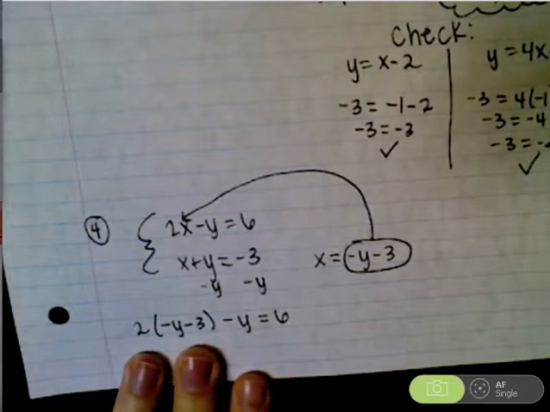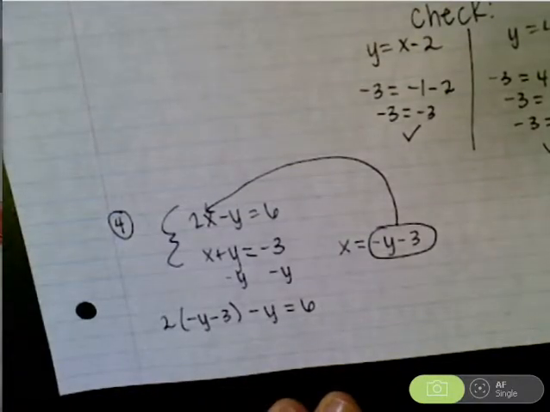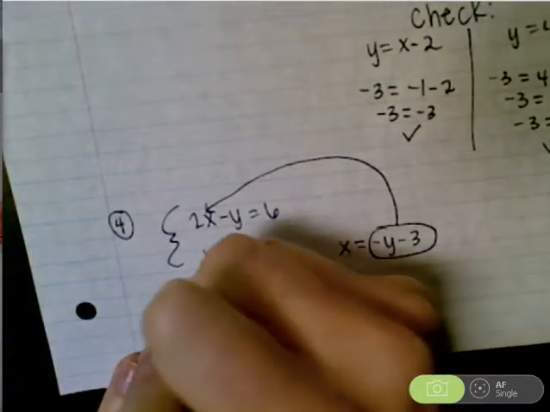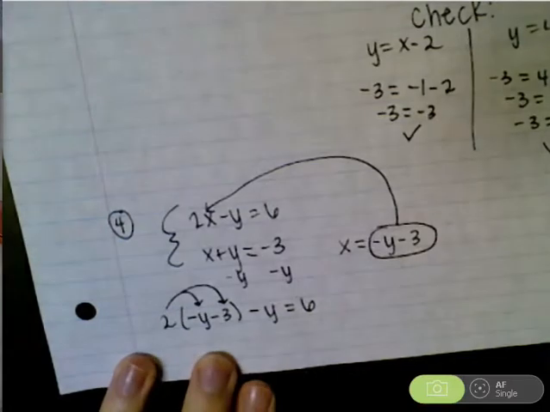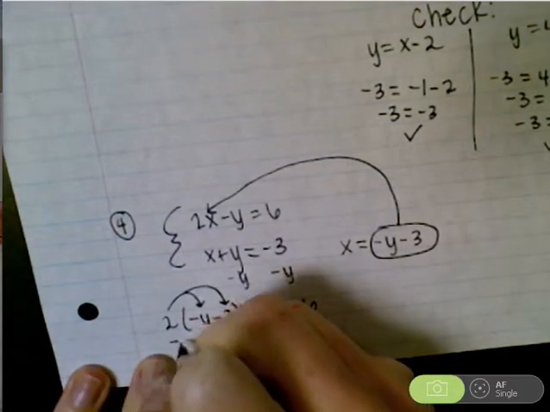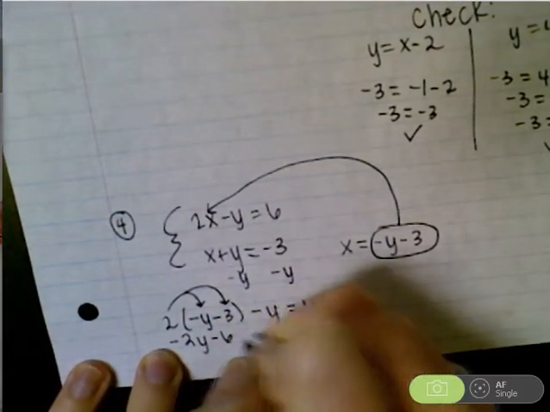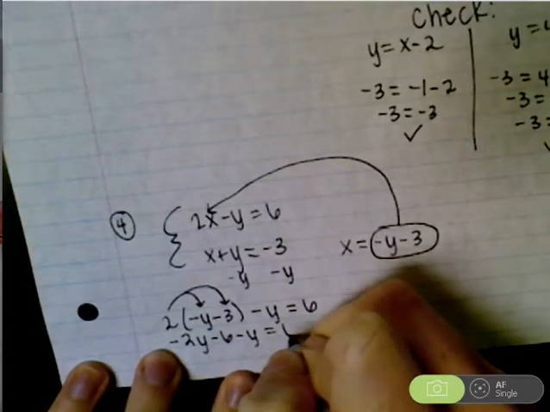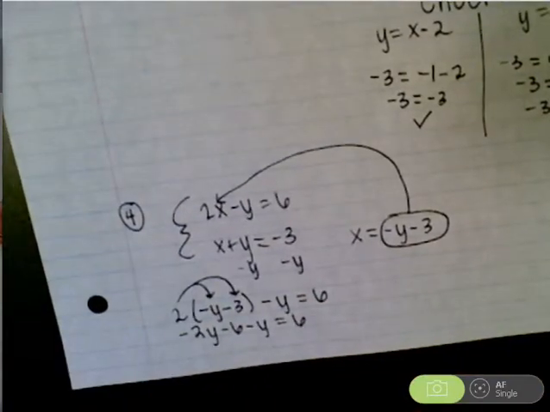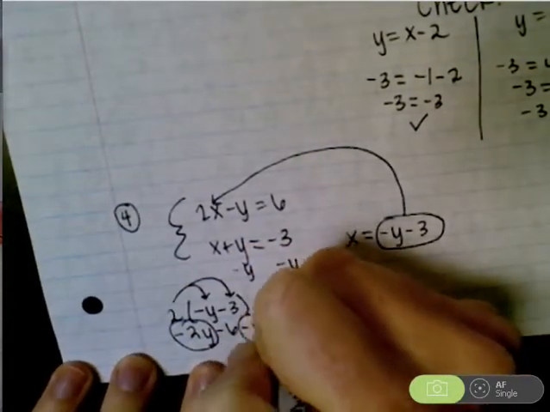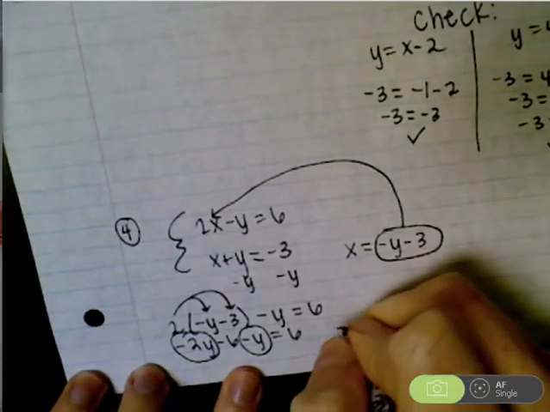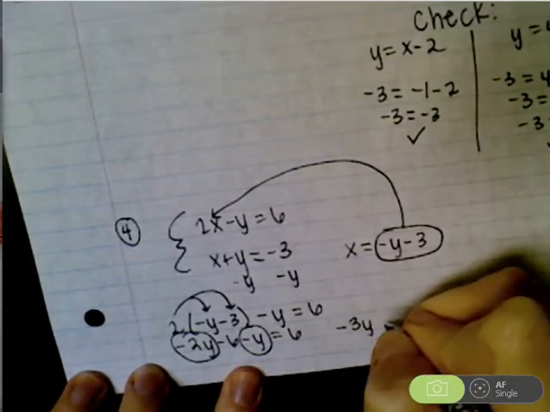The rest of the equation stayed exactly the same. Okay, so now I'm going to distribute the 2. So that would be -2y minus 6 minus y equals 6. What can I do next? Simplify to -3y. Right, combine like terms. That's exactly right. -2y minus y is -3y.